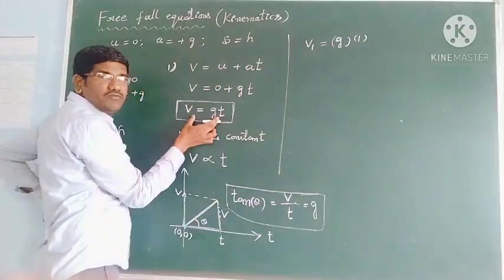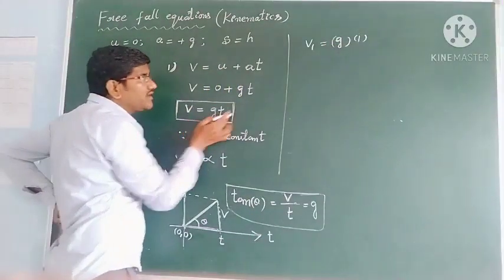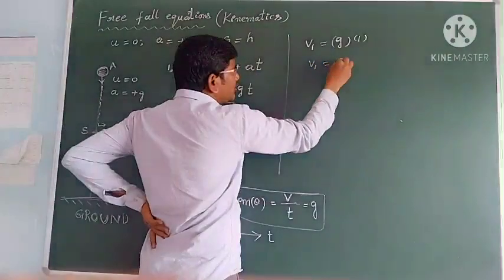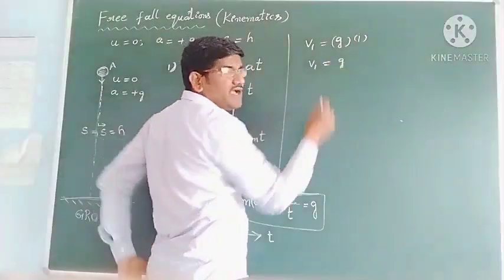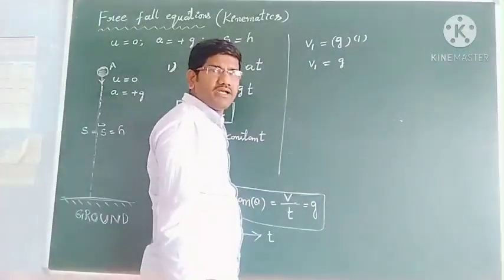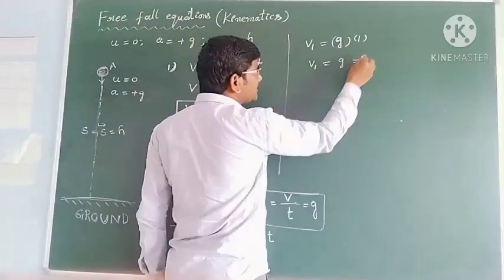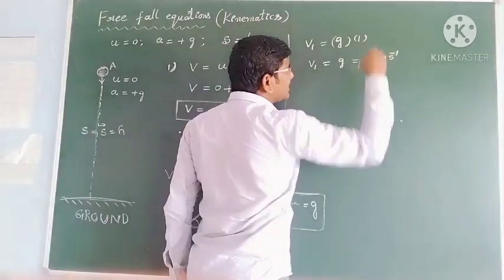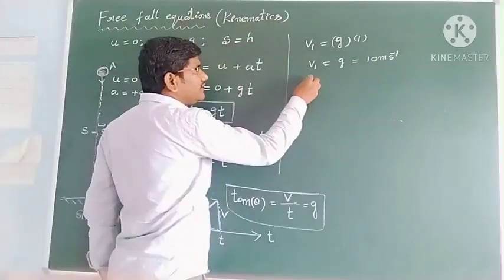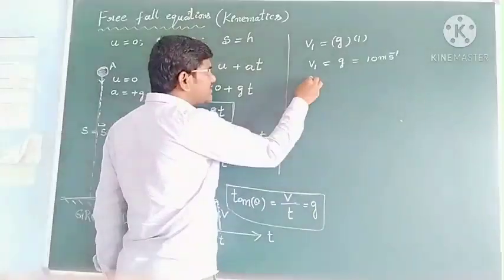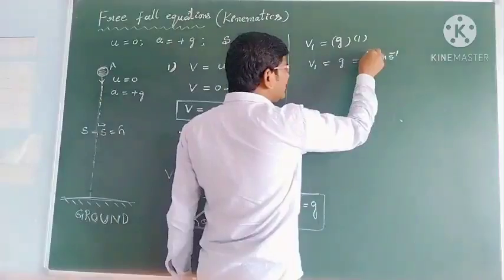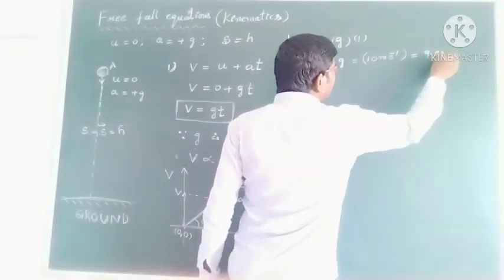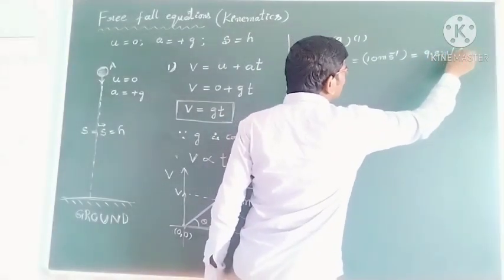If g value is 9.8, then write 9.8 meter per second, or if you take 10, it will be 10 meter per second, or you can take 9.8 meter per second square also.